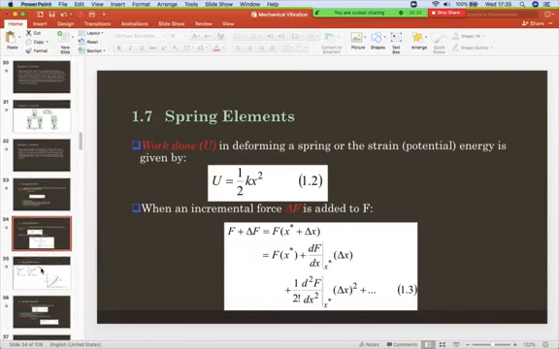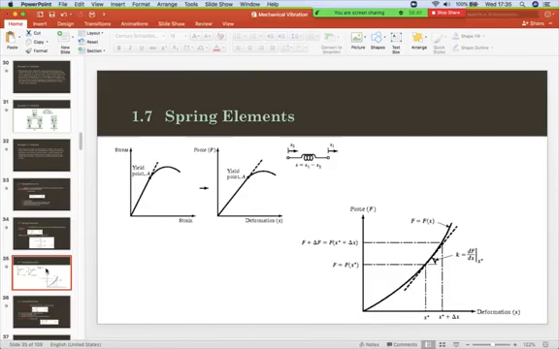So that's the additional force. When you go to spring elements, you can see the stress and strain formation. If this is the stress, you have the strain, so this is your yield point. Same with force F and the deformation x. If you can see from here, the applied force is somewhere here and the deformation x is over here. So x is x1 minus x2.